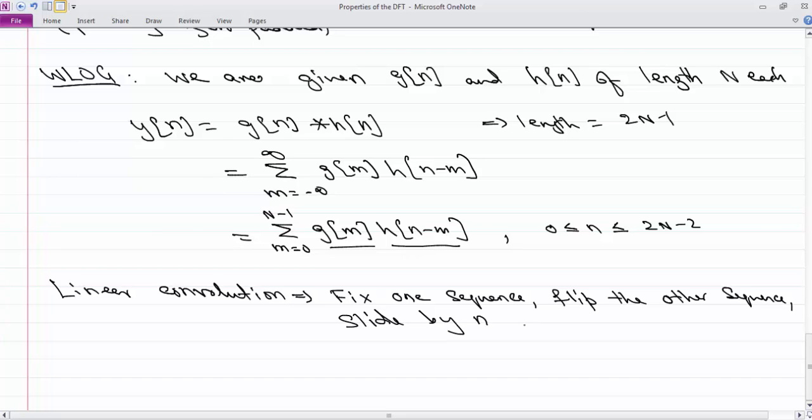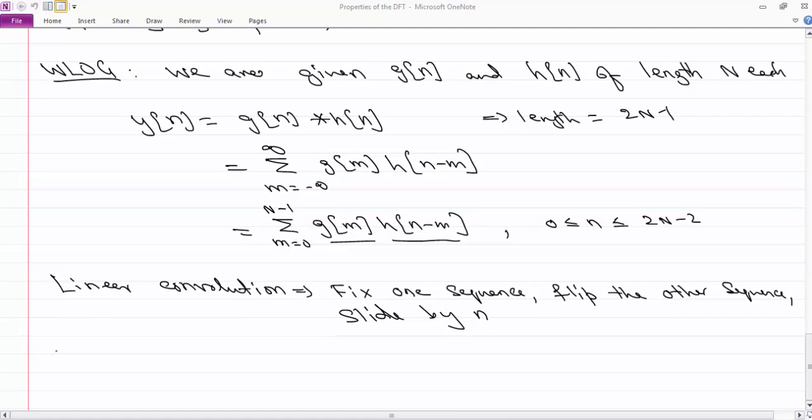Now in circular convolution, the operation is almost the same. The goal in circular convolution is you want to circularly convolve two sequences so that you get back a sequence of the same length as the two original sequences. So if you start with two length n sequences, you get back a length n sequence.